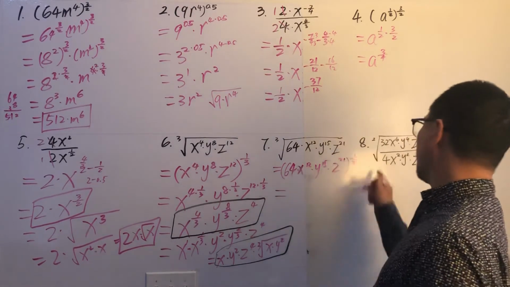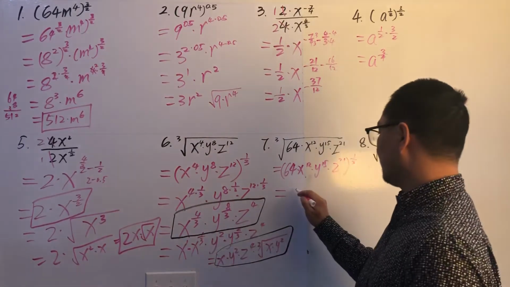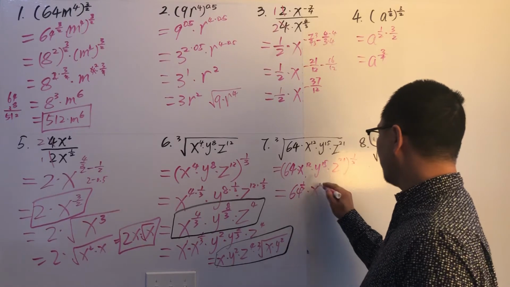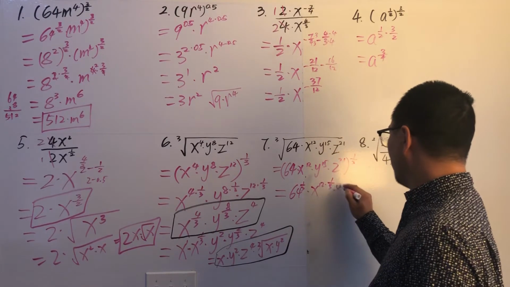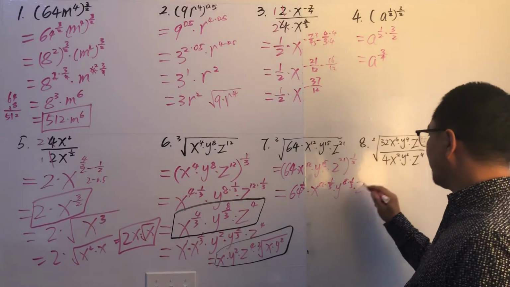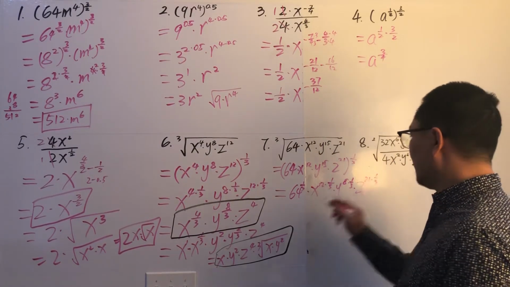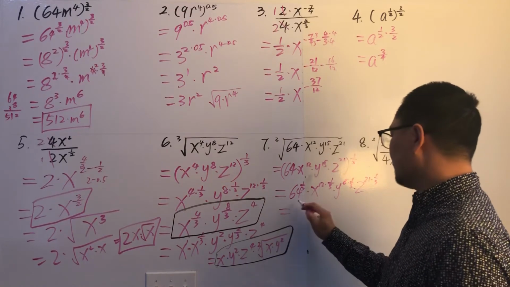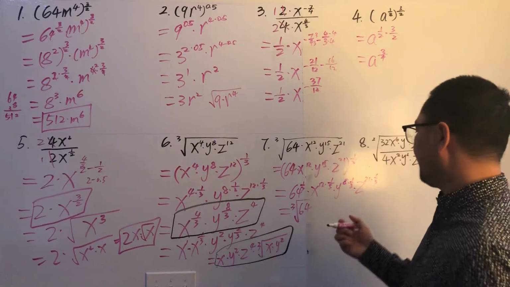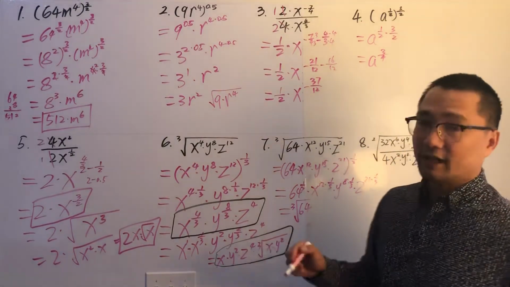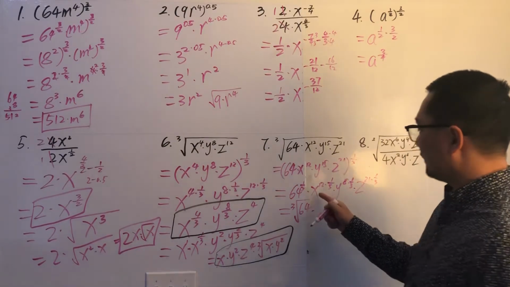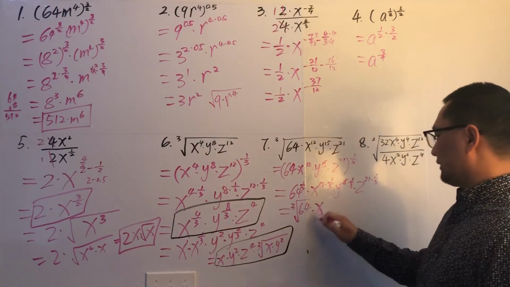And then you can rewrite to 64 to the 1/3 times x^12 to the 1/3, y^15 to the 1/3, and then z^21 to the 1/3. So finally you can rewrite to cubic root 64, fine. Or you can use the calculator to find out the decimal, it's good. It doesn't matter. So now you can simplify here.